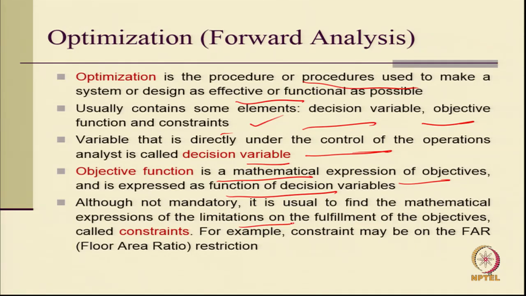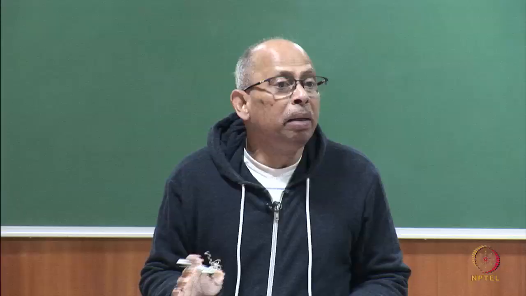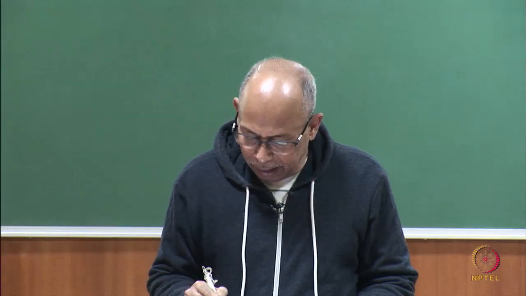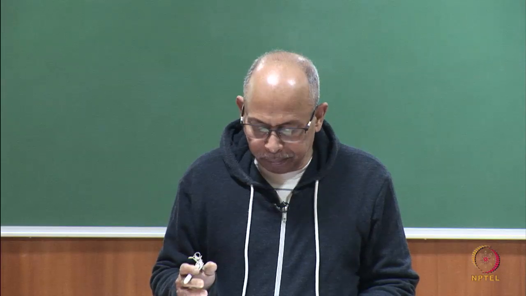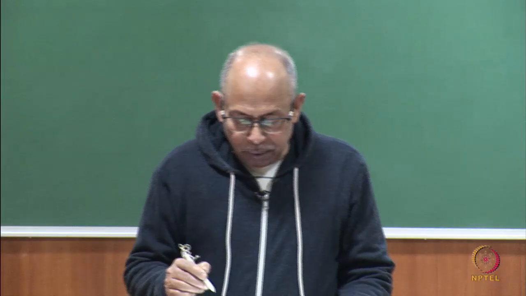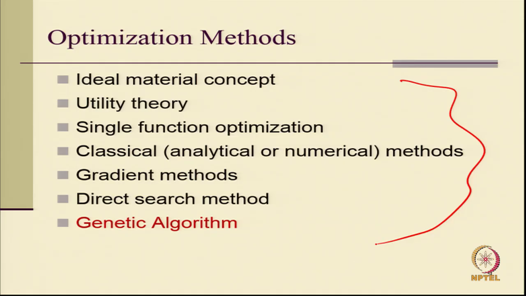Now, what are the constraints in our case? Building bylaws could be our constraints, right. So, floor area ratio restriction might be there, and these can form kind of constraints which you should be able to build in. So, there are various kinds of optimization tools one can use, as I said, classical methods, gradient methods.